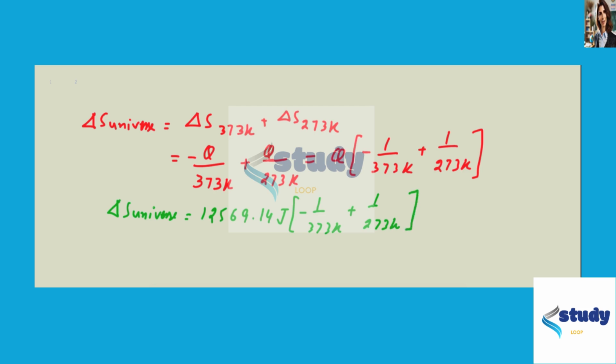So this gives us change in entropy of universe equal to 12.34 joule per Kelvin.